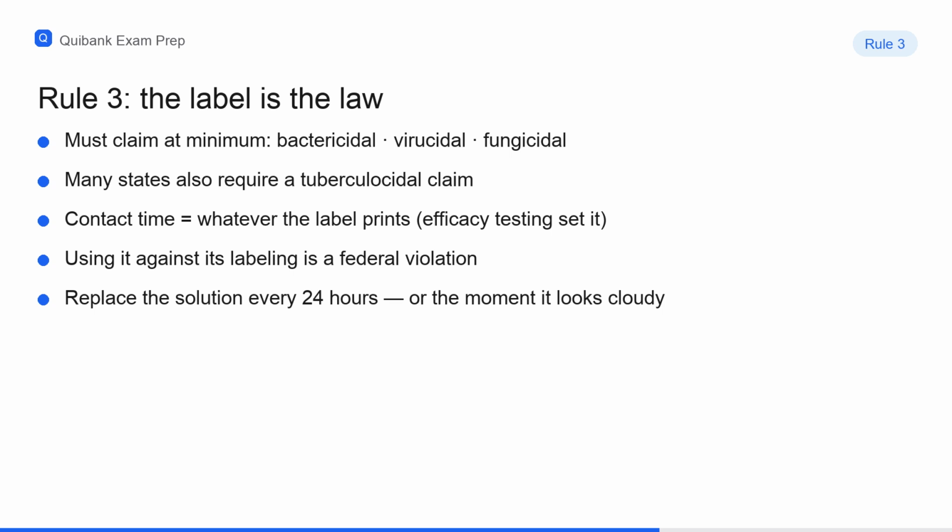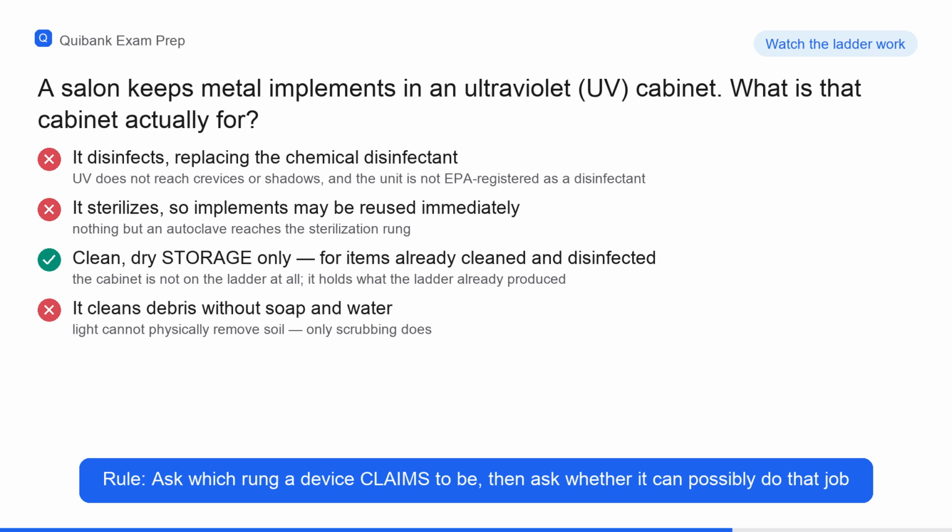The contact time is whatever the label prints, because that is the number the efficacy testing established, and using a registered disinfectant against its labeling is a federal violation. The solution gets replaced at least every 24 hours, or immediately the moment it looks cloudy or dirty, because the active ingredient is consumed by the debris carried in on the implements.